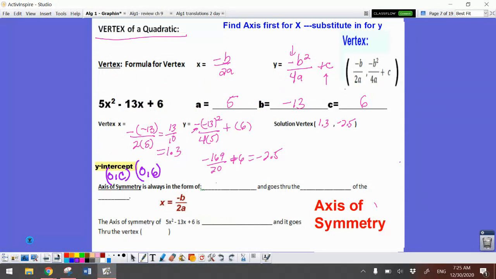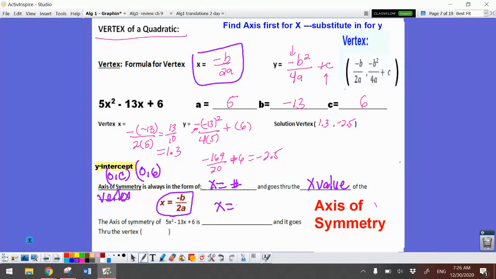All right, so our next piece is our axis of symmetry. Okay, so the axis of symmetry is always in the form of x equals a number because it's an equation. It goes through the x value of the vertex. Okay, so you'll notice this is exactly the same as this. So once I have my vertex, I actually have my answer.